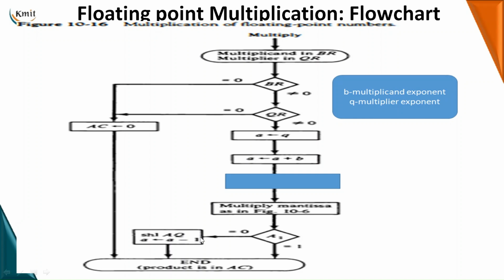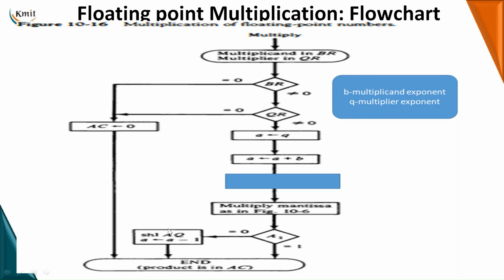To normalize the product, I perform a shift operation on the contents of the A and Q registers and decrement the exponent by 1. When you perform a shift operation, you have to decrement the exponent by 1. After performing the shift left operation and decrementing the exponent by 1, your product will be in a normalized form.